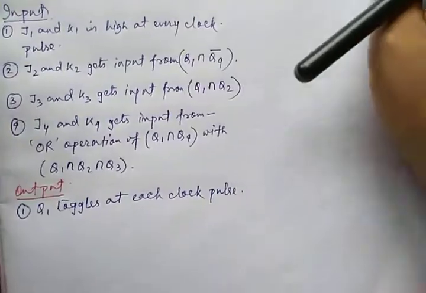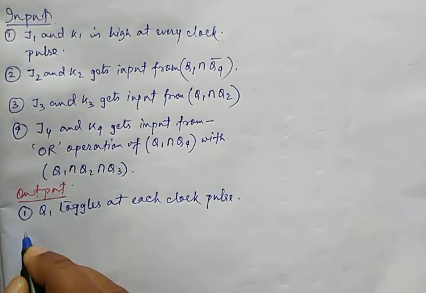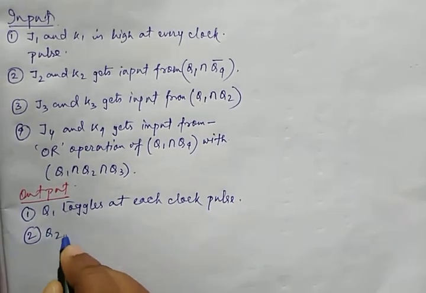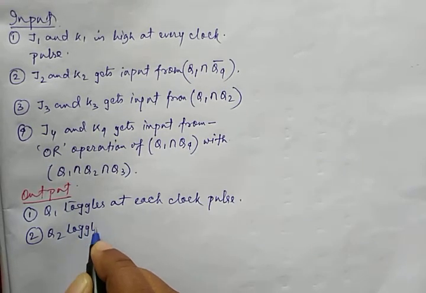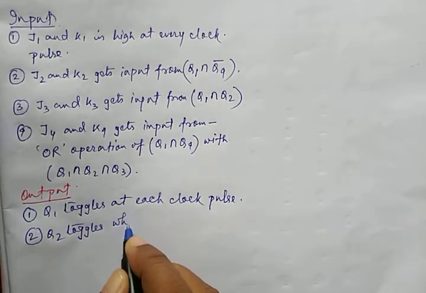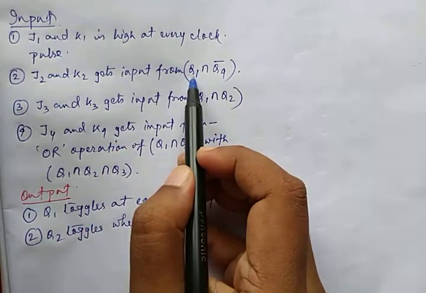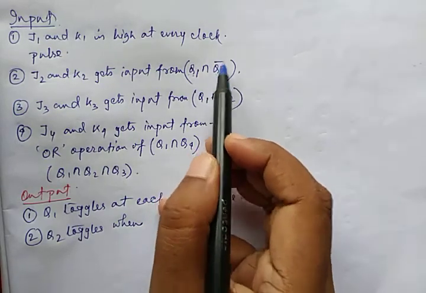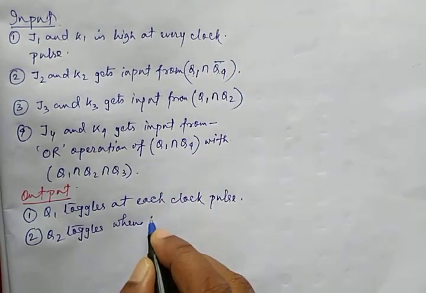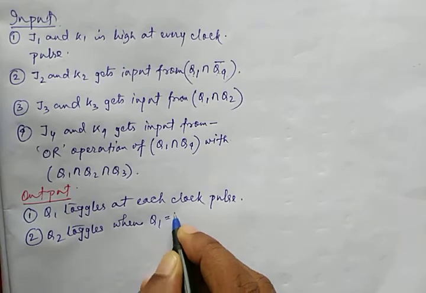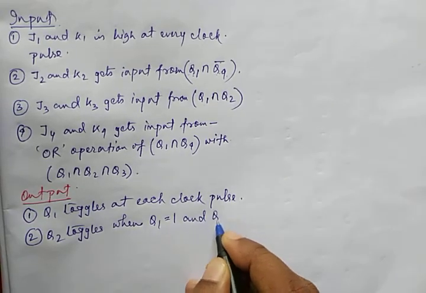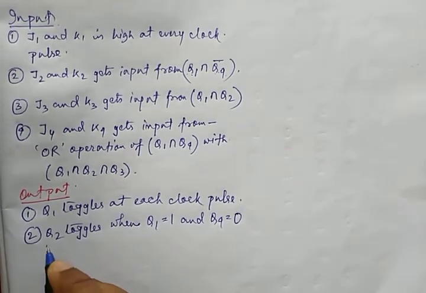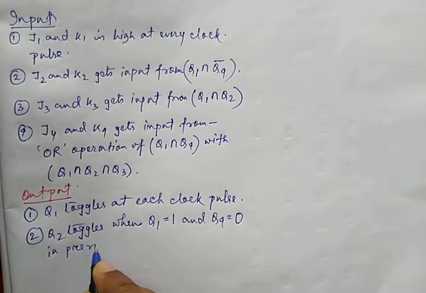So number 2, Q2 toggles when Q1 is 1 and Q4 is 0 in the previous clock pulse.